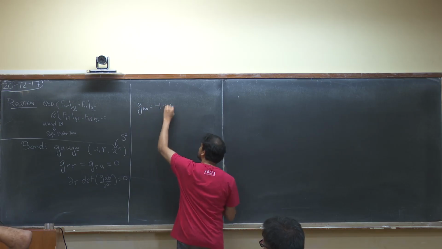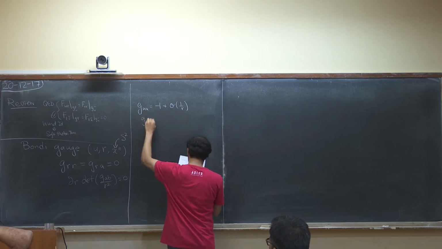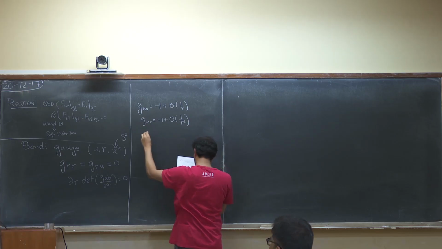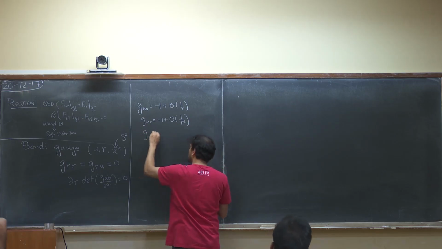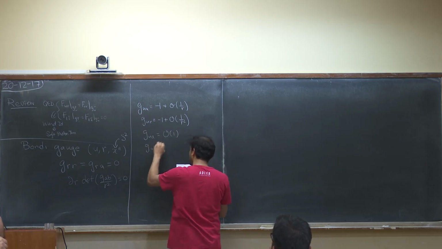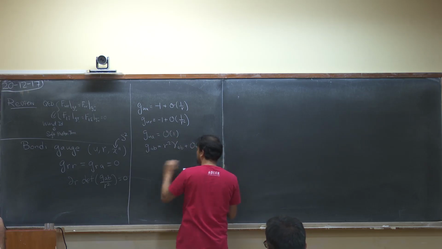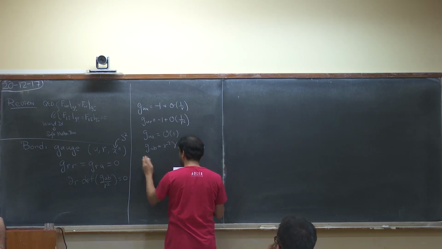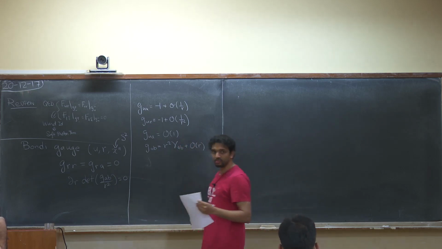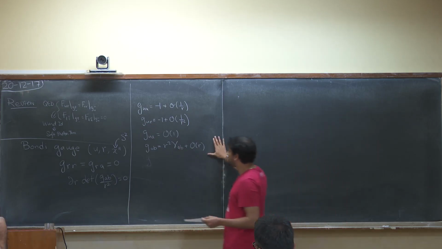And then at large r it needs to fall off like 1 over r, and this must be 1 over r squared. And g_rr. So these are the only non-zero components, and gamma_AB is the round metric on S2.